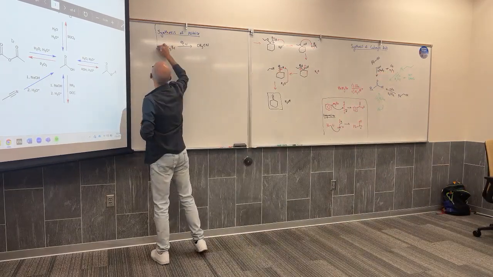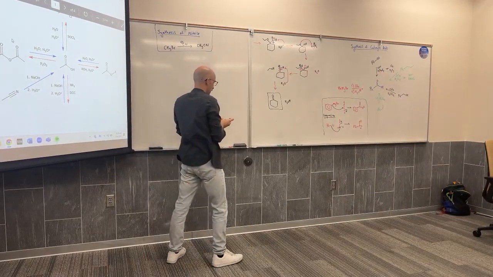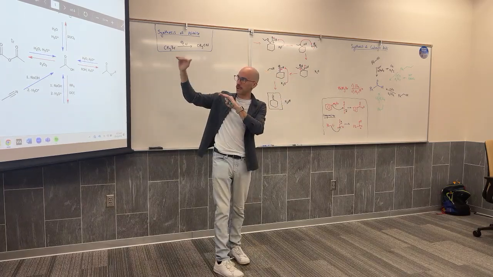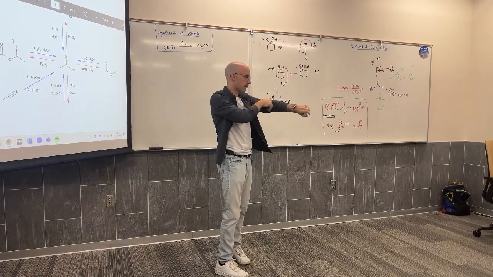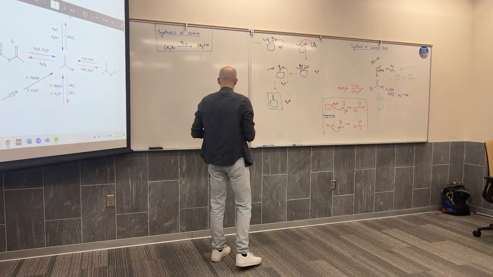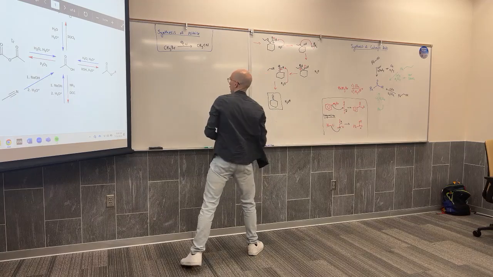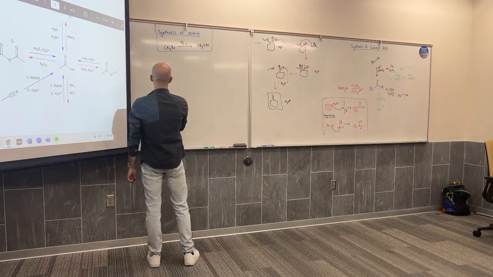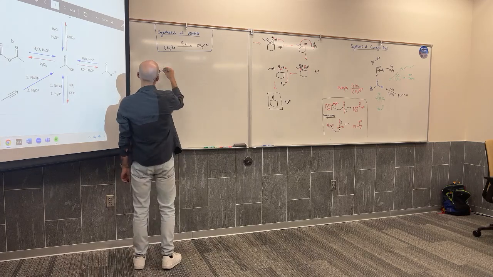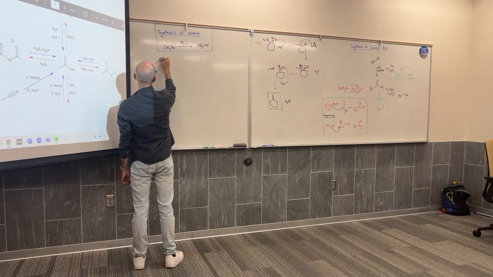Now, the way that I'm actually going to lay out this graphic is kind of a mashup of these two graphics here. So I'm going to have my carboxylic acid here, and I'm going to show my acid chloride.